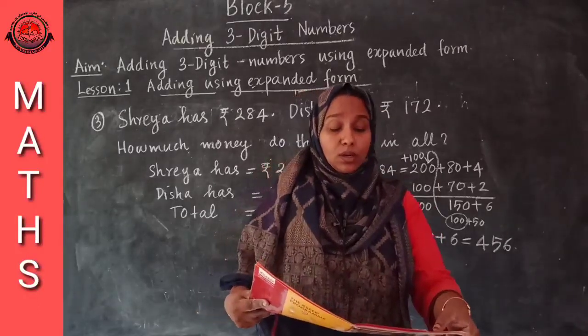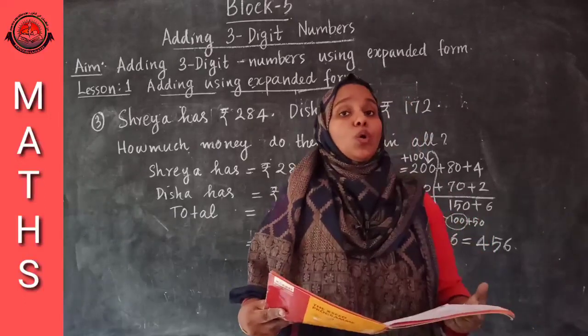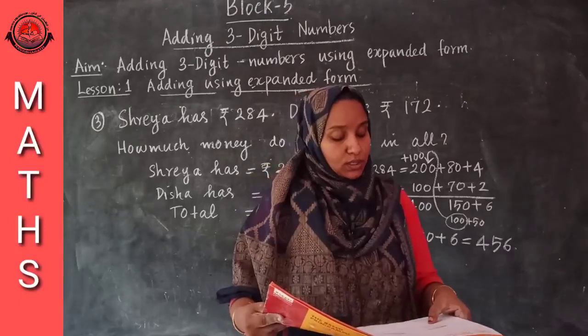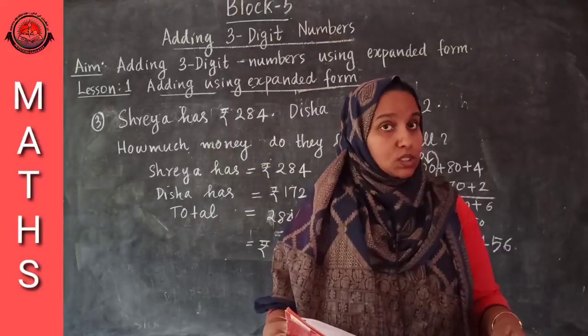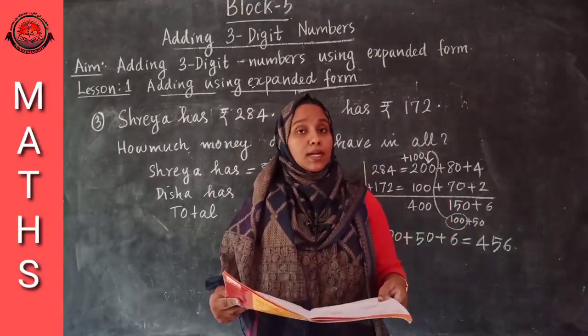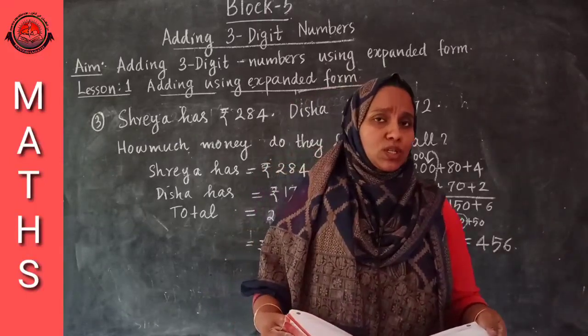Write the expanded form of 255. It is 200 plus 50 plus 5, and 124 is 100 plus 20 plus 4. So easy, you can do it on your own.